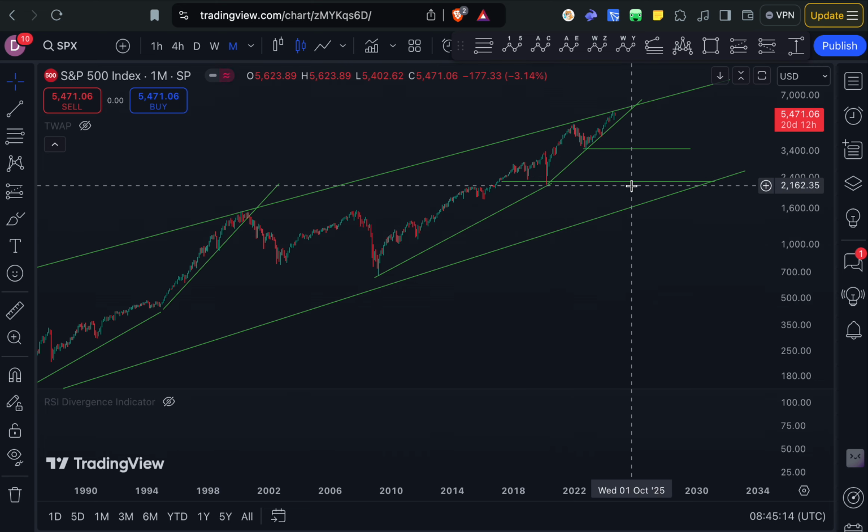So this is when you have to understand that the media will go absolutely crazy. They will be calling for doomsday, and everybody's blaming each other. Everybody's super mega bearish, they want to sell everything.